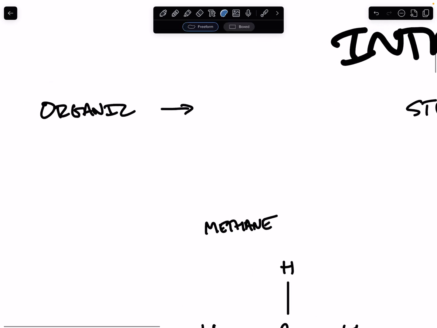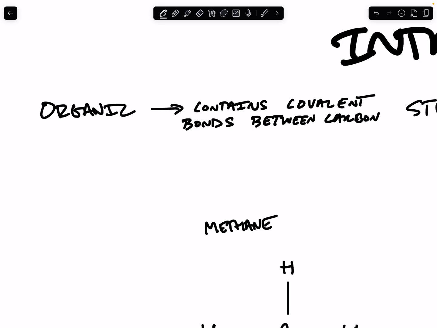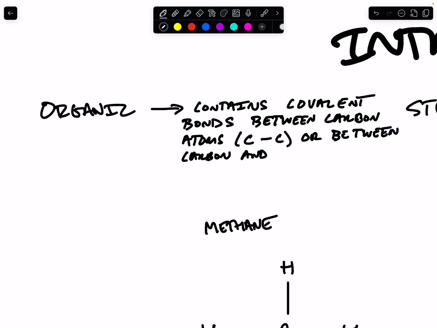An organic compound or an organic molecule is a structure that contains covalent bonds between carbon atoms, so carbon to carbon, or between carbon and hydrogen. So carbon H.